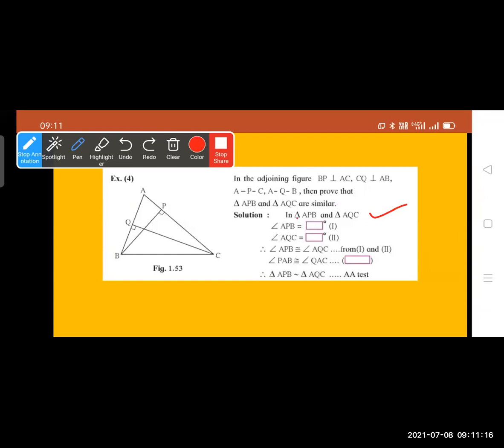Angle APB is equal to, with the perpendicular sign, that means 90 degrees. Now the same for AQC, it is also 90 degrees. So in the second box we write 90 degrees. Therefore, from equations 1 and 2, angle APB is congruent to angle AQC.